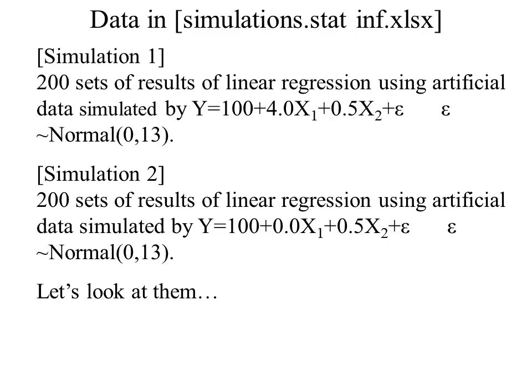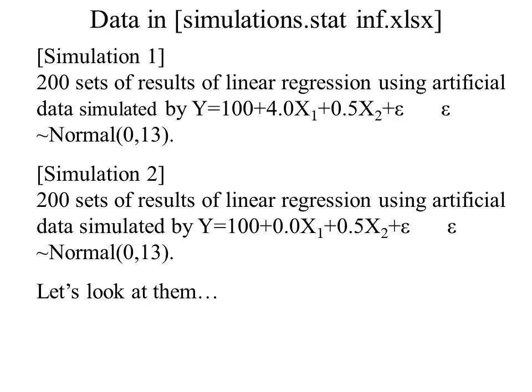After this simulation, two sets of 200 simulations were done, and let's call them Simulation 1 and Simulation 2. In Simulation 1, 200 data sets were produced using the same parameter values as those used in the simulation in the last few slides, and then 200 regression analyses were done, using each of the 200 datasets.